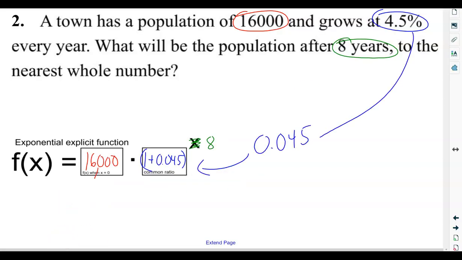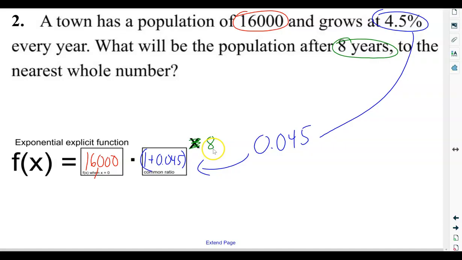So we're going to plug those numbers in. We've got 16,000. We're going to take that 4.5%, again, move it 2 decimal places. So that's going to be 0.045. And this time we're going to add.